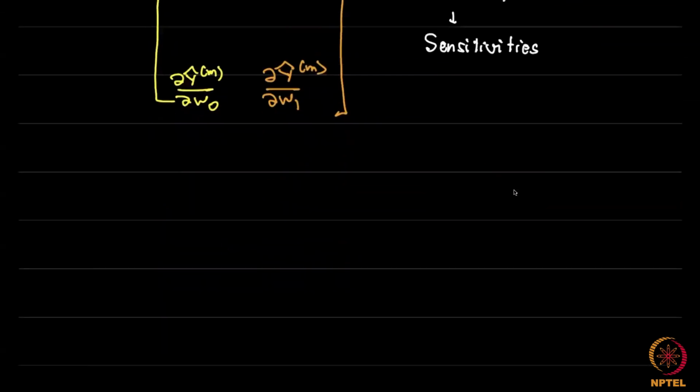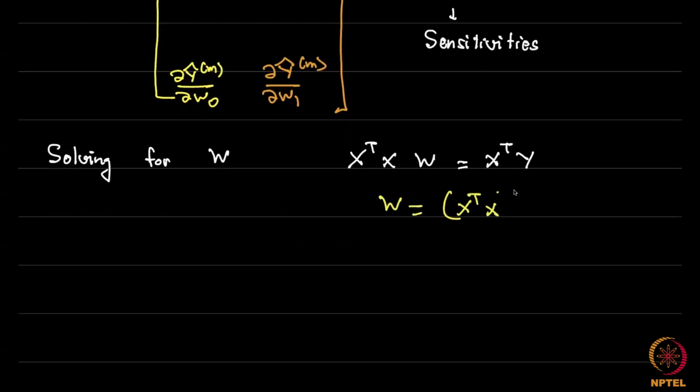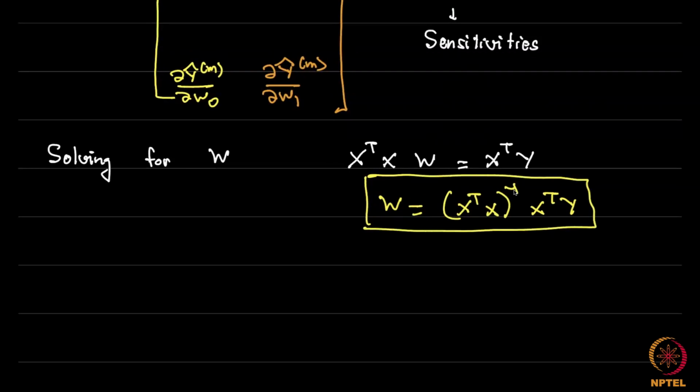Okay, the final point. When we solve for w, remember the equation is X transpose X w is equal to X transpose y. The way we solve for w is, of course, we can write the equation w is X transpose X inverted X transpose y. So it's generally not a good idea to invert.